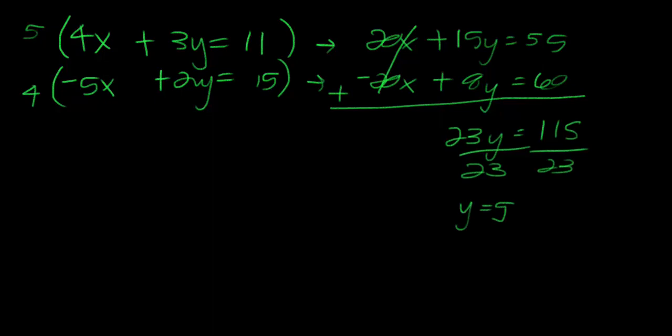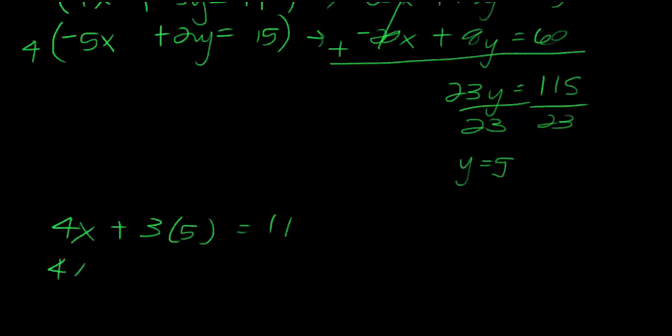I don't know what x equals, but I can plug y into one of the original equations and solve for x. So 4x plus 3 times y, but I can put 5 because I know y is equal to 5, equals 11. So 4x plus 15 equals 11.